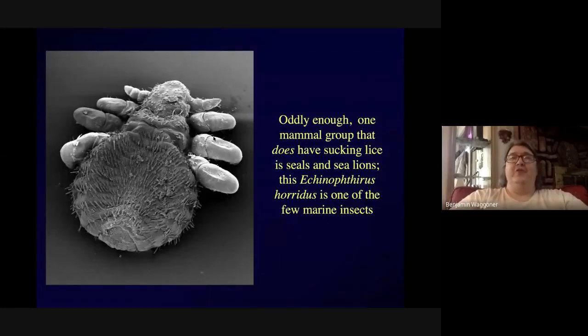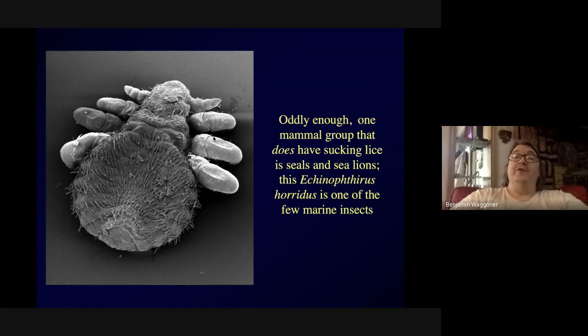It's not so much the hairs themselves that block heat transfer. It's because the hairs collectively trap this little bubble of air right next to the skin. And in some cases, these lice are actually living in this little warm, airy bubble, sheathing the skin of the seal or the sea lion, even though they're surrounded by very cold water on the outside.